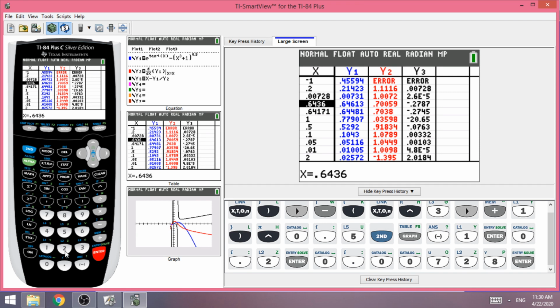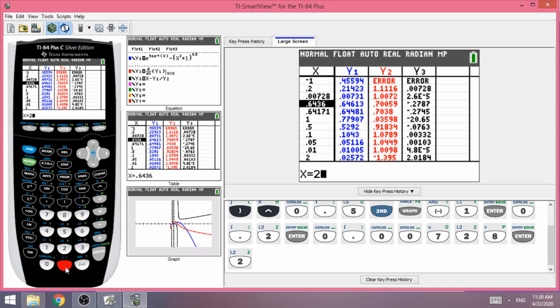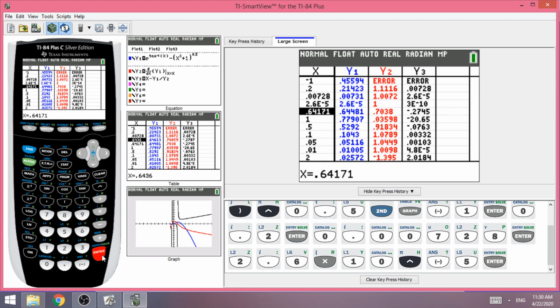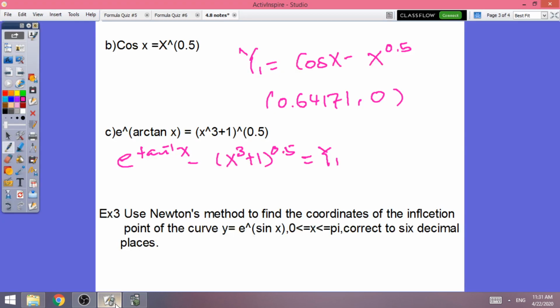So let's put in that number, 2.6 times 10 to the power of -5. It's just getting smaller and smaller, so eventually it's going to be 0. So you can say that one right there, 0, 0. Okay, so for that one.